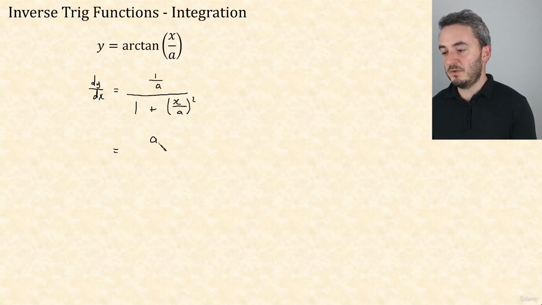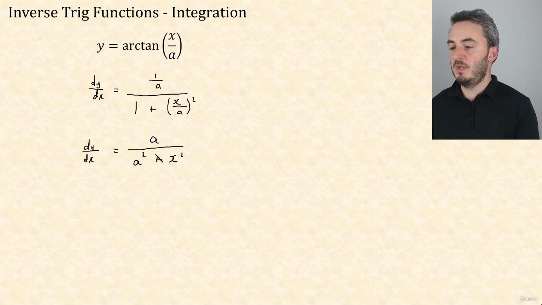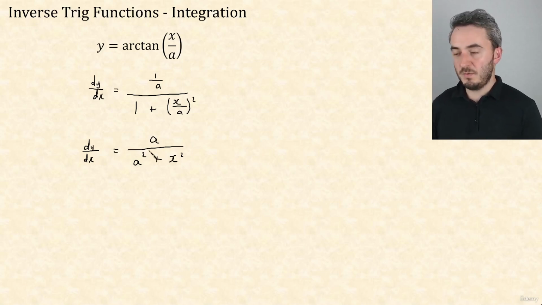That gives you a on the top, and it gives you a squared plus x squared here. So once again, we have a result where if we find anything in this form, this can integrate directly to arctan x over a. Notice in this case there's no restrictions. The function arctan exists for all values of x, and this is fine for all values of x as well.